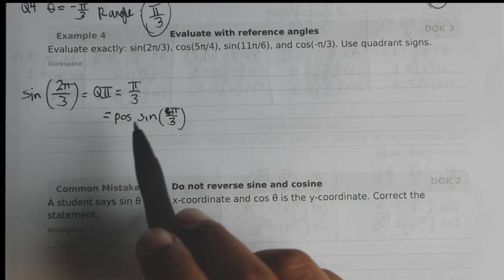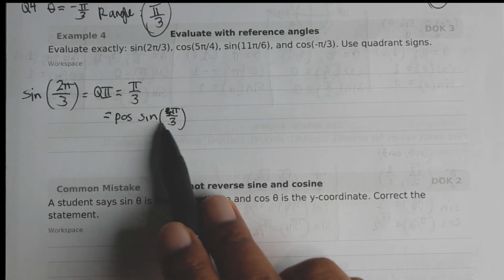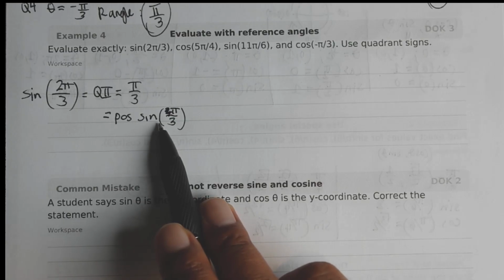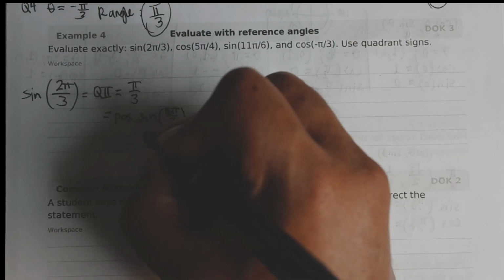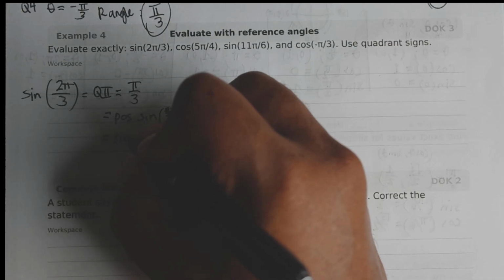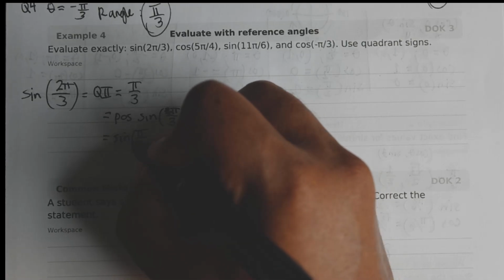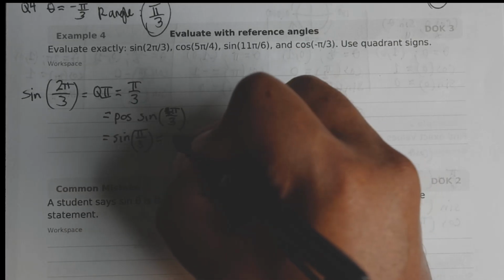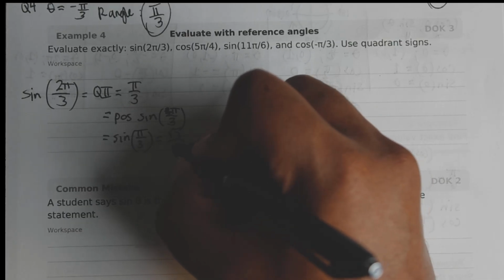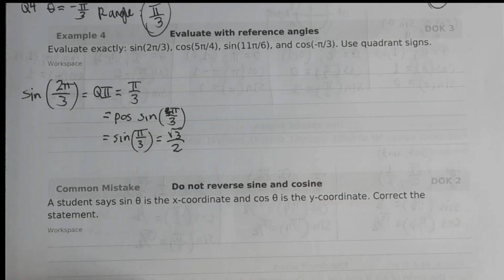We can write it as sine pi over 3, which equals square root of 3 over 2. And that's the final answer.